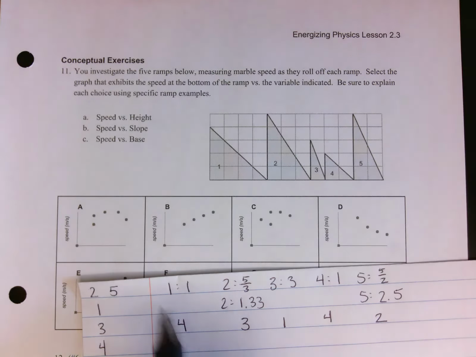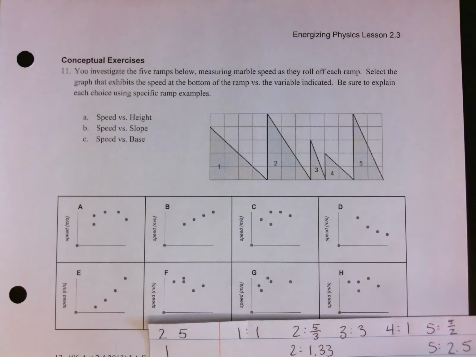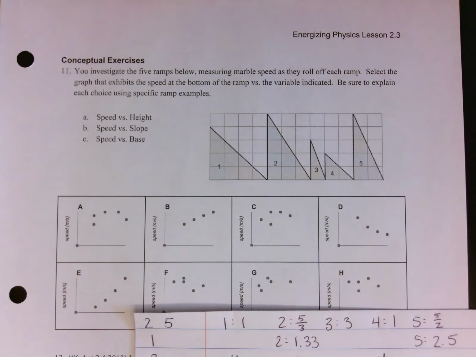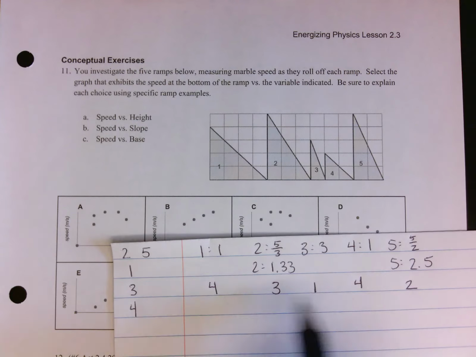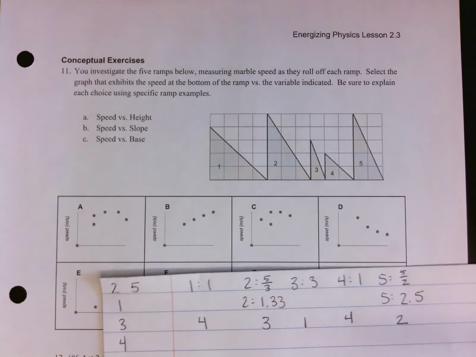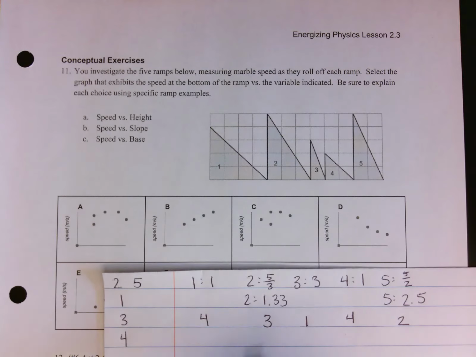So we know that this graph has 5 points, so it can't be E, B, or D. And we know that there are points on top of each other, so it cannot be G. From what we see here, the lowest slope would be the points that have two points on top of each other.